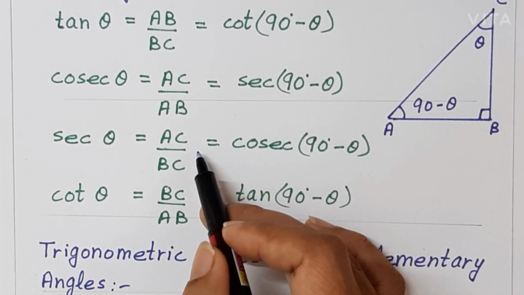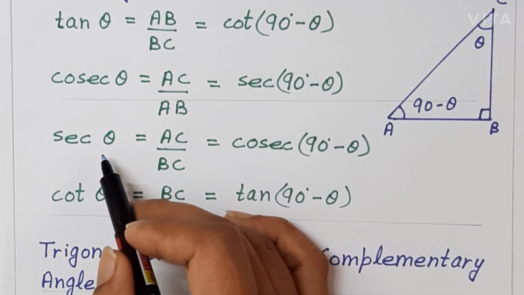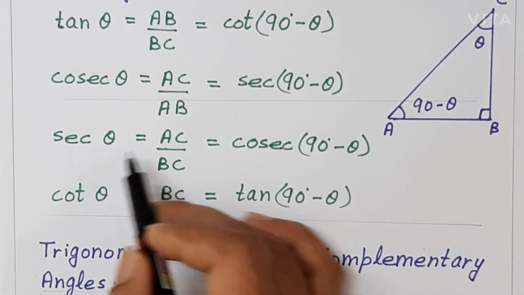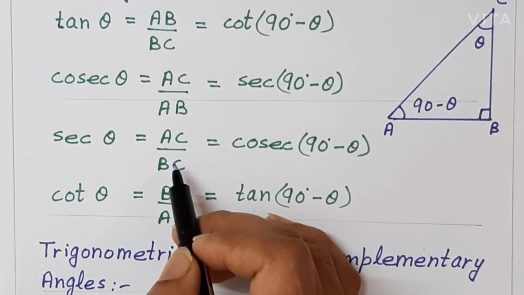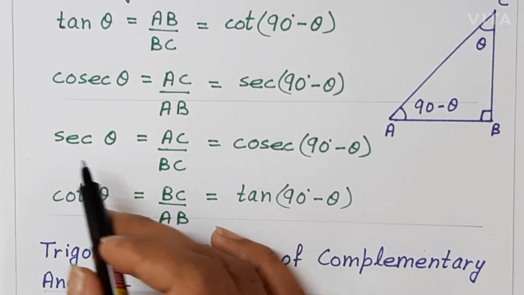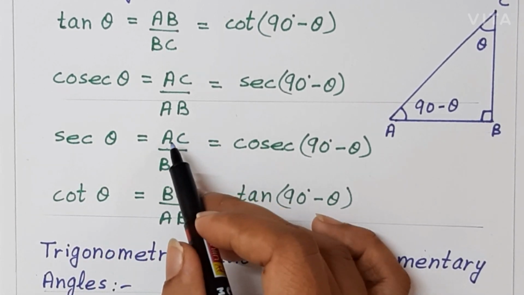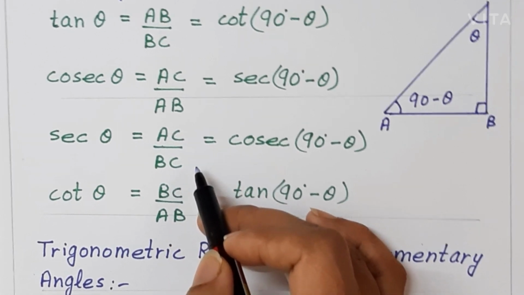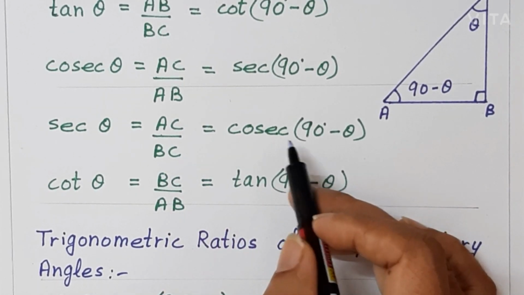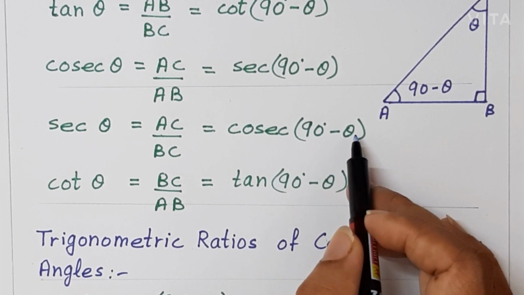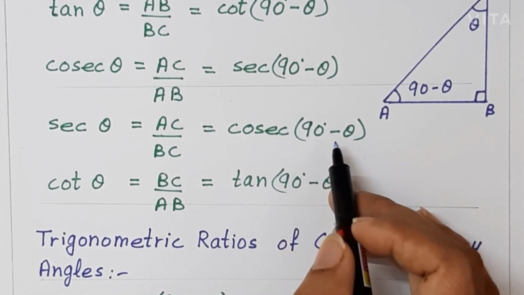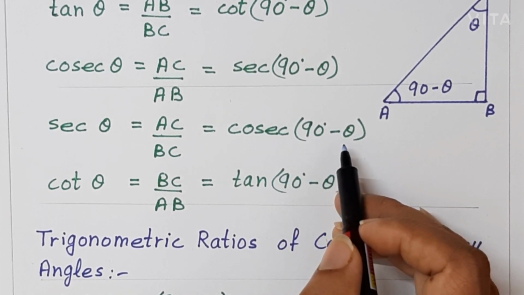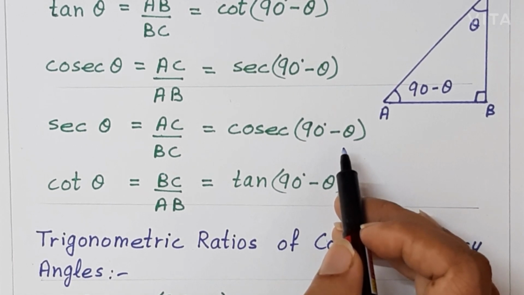Students, remember here secant is the reciprocal of cos theta that we have already discussed. So secant theta is equal to AC upon AB, which is also equal to cosecant 90 minus theta. And here cosecant is the reciprocal of sin theta, right?